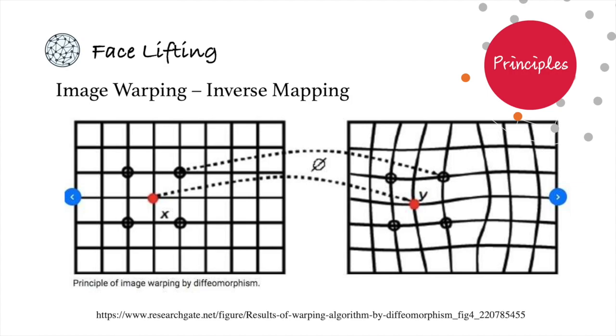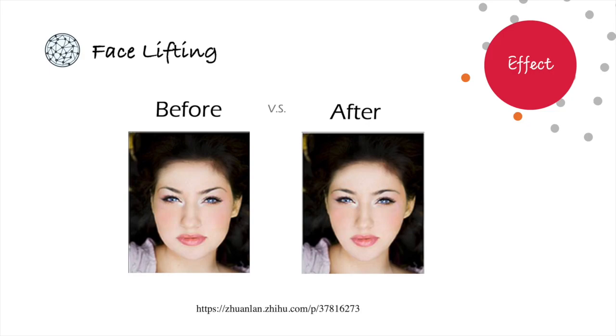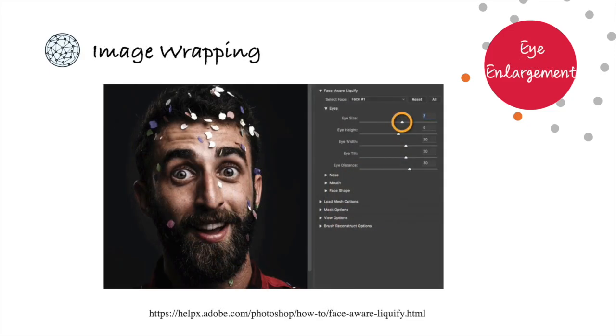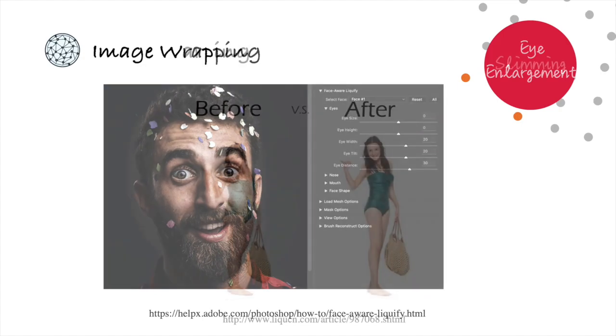In practice, inverse mapping is usually used, that is, the position of each pixel in the target image and the original image is calculated, and the value of the actual pixel is calculated by interpolation to backfill the target image, so that the obtained image is more natural. Here are some examples of eye enlargement, slimming, and increasing smile.